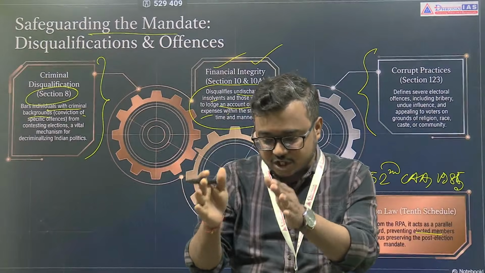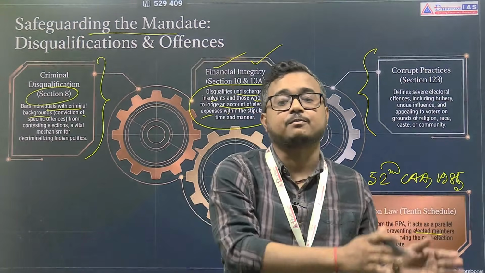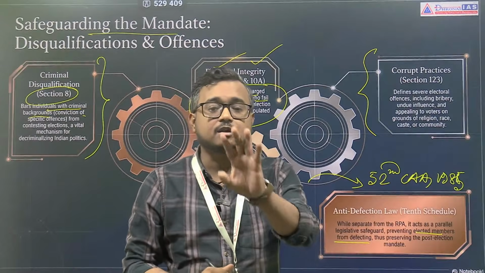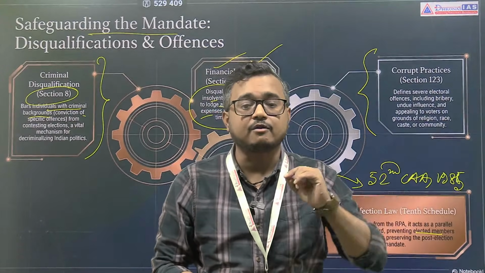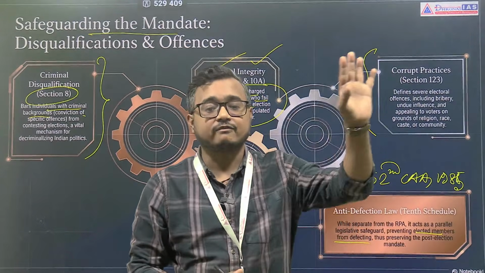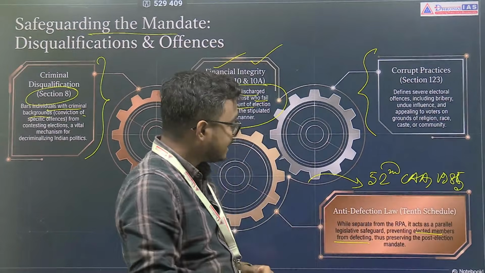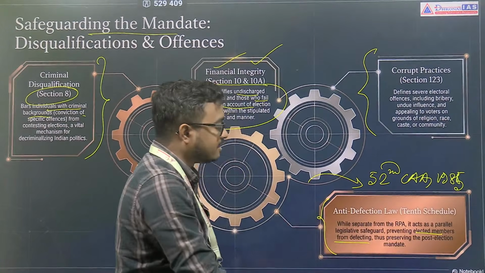Elected members cannot shift from one political party to another while remaining in the post. You can join any political party, no problem, but you have to first resign from whatever position you are holding, say MP, MLA, all these things, right? That is the anti-defection law. Again, another safeguard.